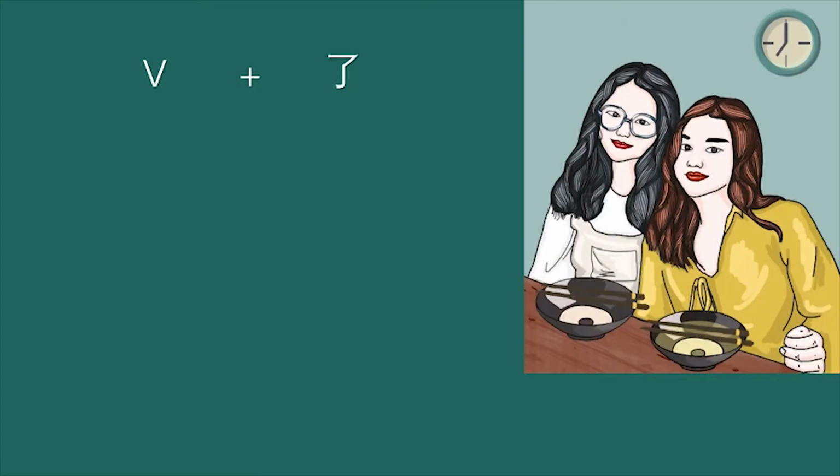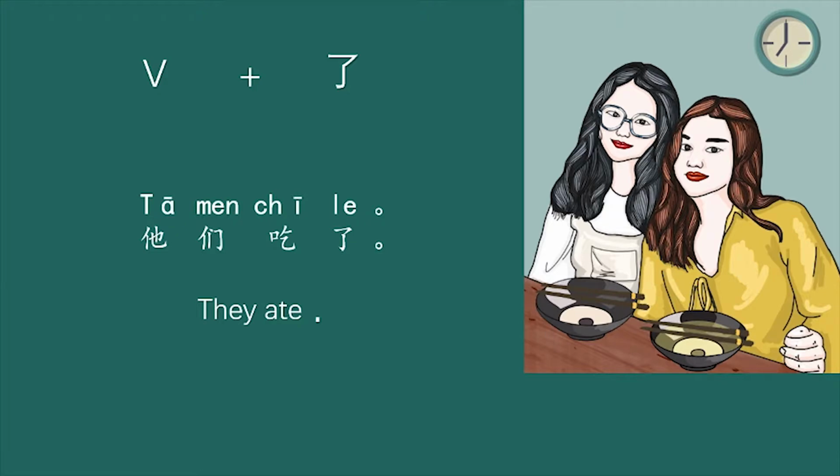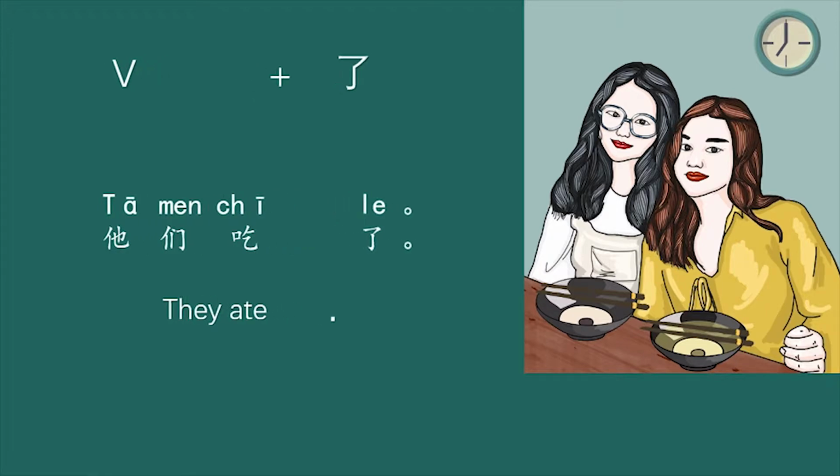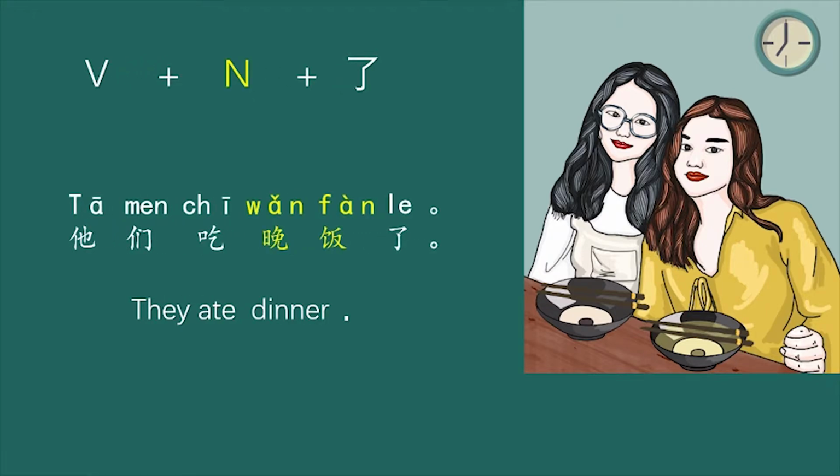Verb add 了：他们吃了。Verb add noun add 了：他们吃晚饭了。Before they ate noodles.